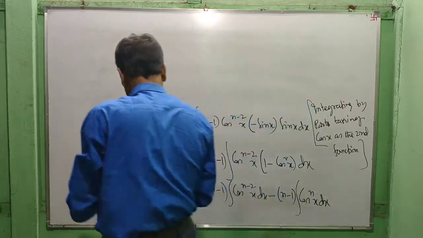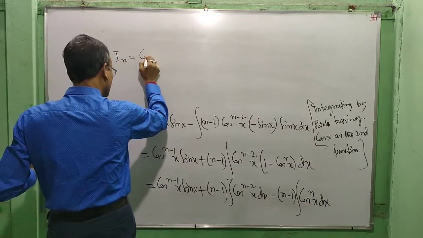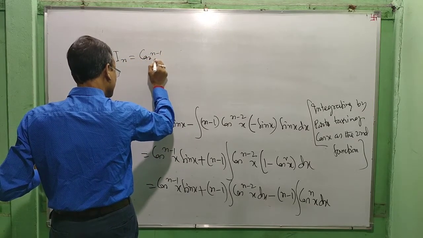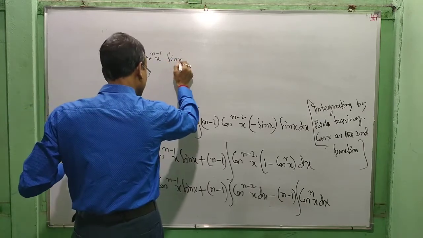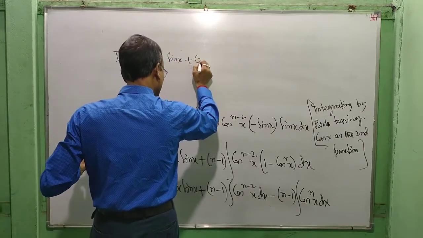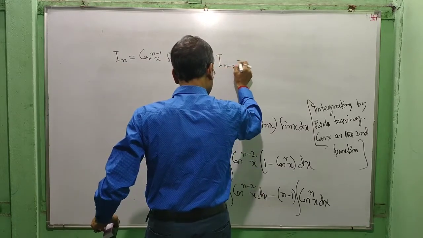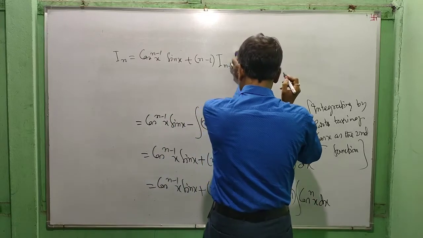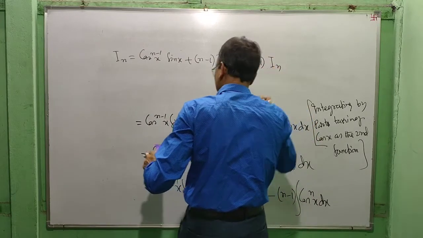Now, I n is equal to cos to the power n minus 1x into sin x plus n minus 1 into I n minus 2, minus n minus 1 into I n.